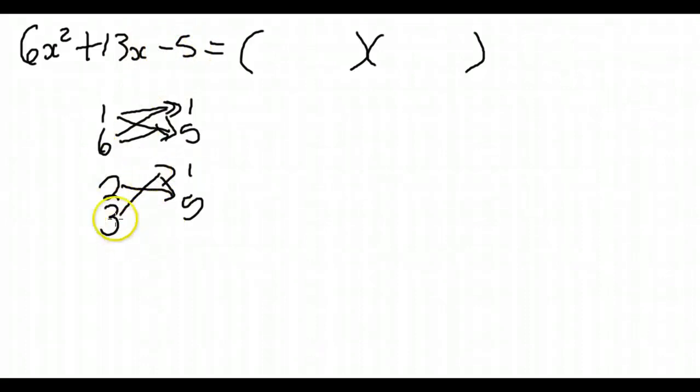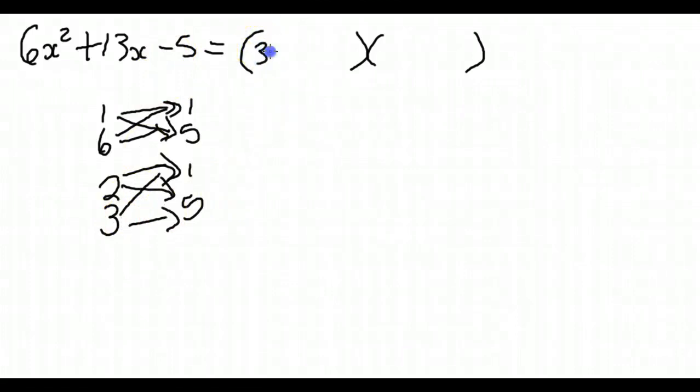They add to 13, or they differ by 7. So 3 times 5 is 15, 2 times 1 is 2. 15 and 2 differ by 13, right? And we know from what we did the other day that when there's a minus here, the two numbers must differ by 13.